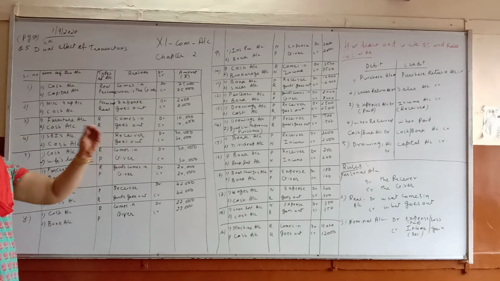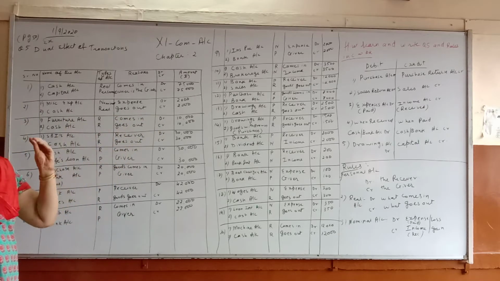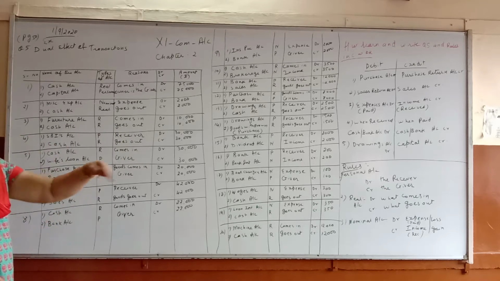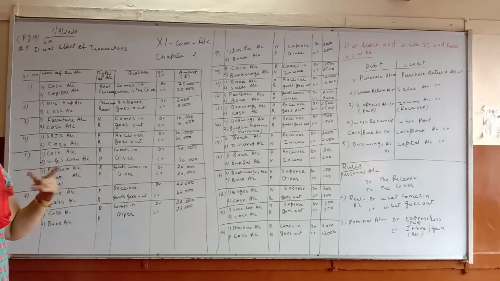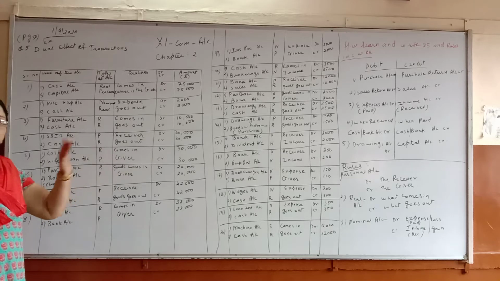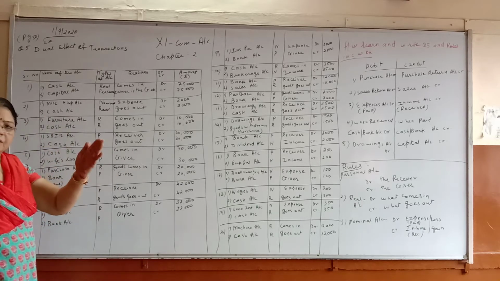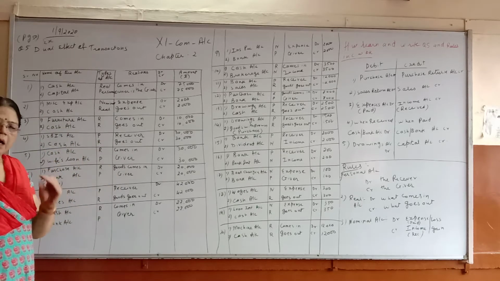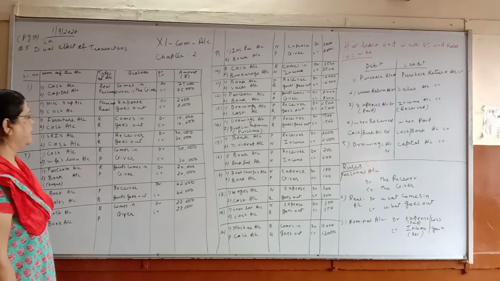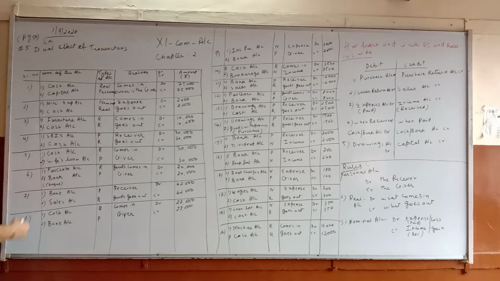When you pay an expense, cash will go out from your pocket. So it is going out and it is real. So apply the rule for real: debit what comes in, credit what goes out. Cash is going out, so it will be credit. Okay, so this is the second one.